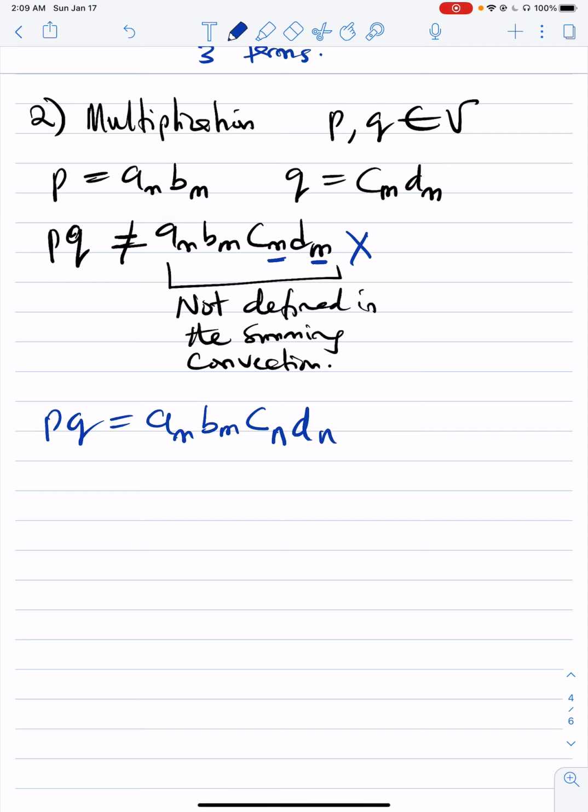It's up to you; you can change it to be m, n, p, or whatever. It's your choice. Usually in books, you tend to see them use i, j, k, l, m, n, maybe s, maybe t. It's up to you, but as long as you follow the rules in summation convention, you should be fine.